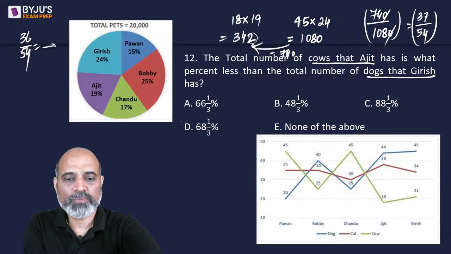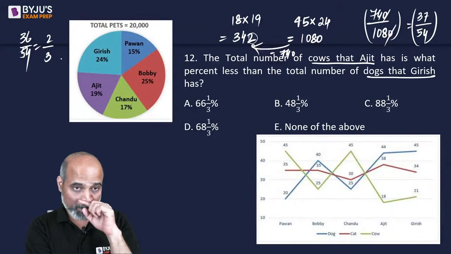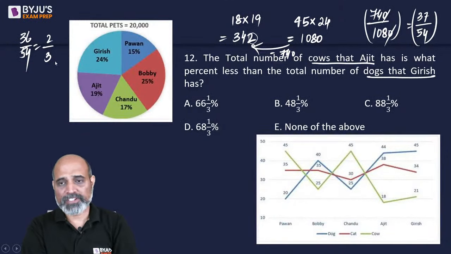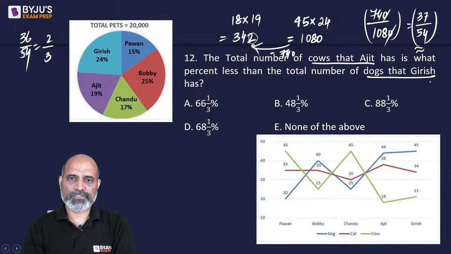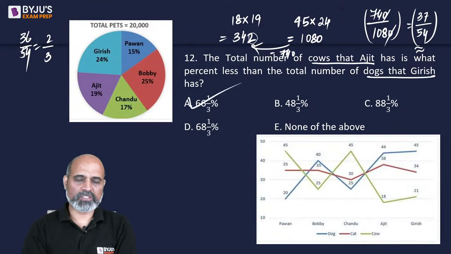So this is going to be, this is supposed to be 2 by 3. 2 by 3 is 66%, right? So this has to be very close to 66%. And since I have subtracted it, I think I should go with option A. That's the closest that we are seeing.